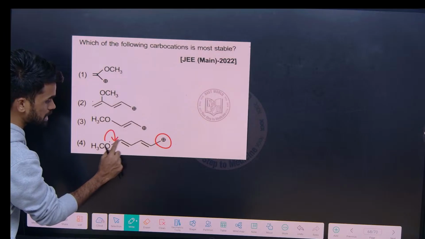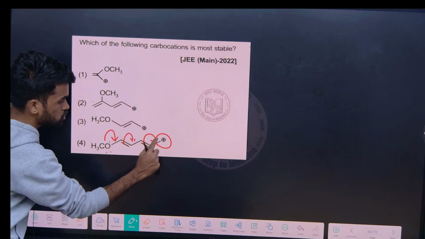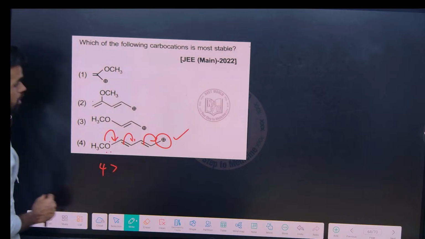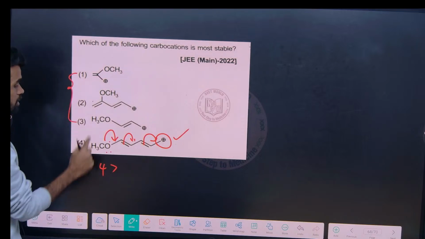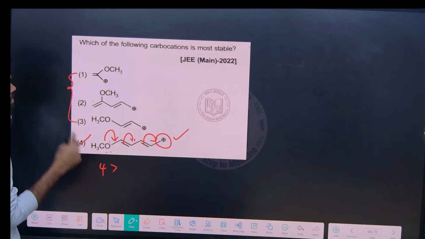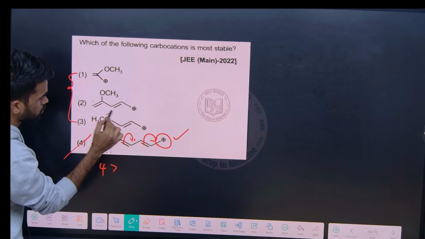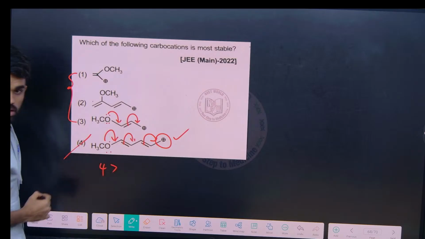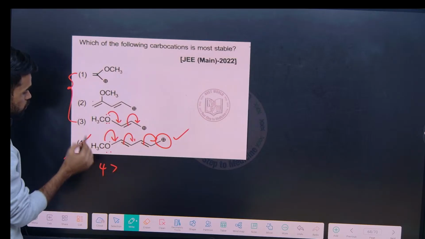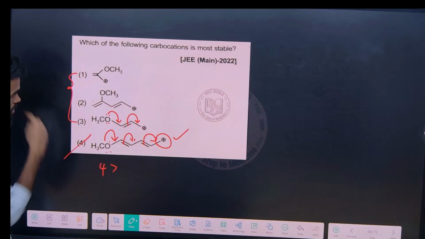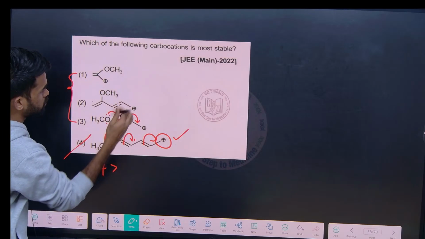A releasing group, which releases electrons into the ring like this, so it stabilizes the carbocation. So which is more stable here? 4. Between these three, answer is done. Between these three, see here you have conjugation like this. Okay, out of this 4 and 3, which is stable? Definitely 4. Between 2 and 3, if I ask, this will be donated here.